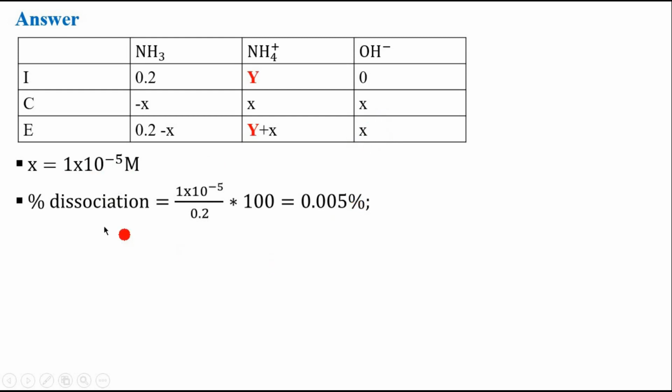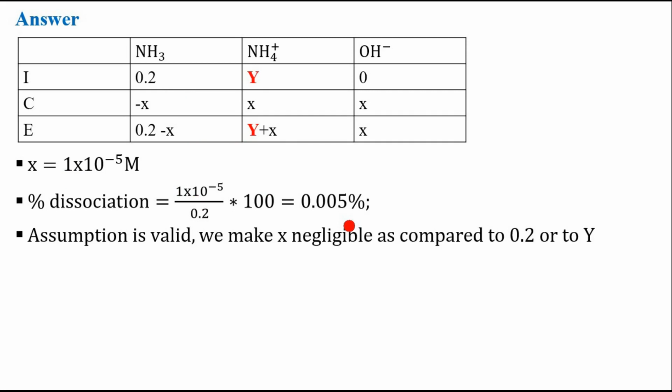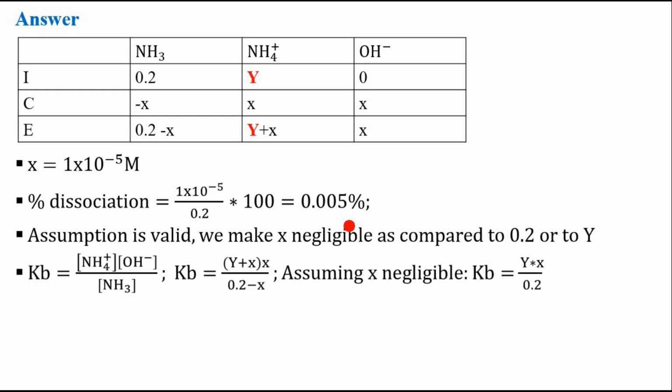For the percentage dissociation, we take this X dissociated divided by 0.2, and we get less than 5%, so the assumption is valid. So we make X negligible compared to 0.2 or to Y. In this case, we will have Y times X over 0.2, because this one will be negligible.